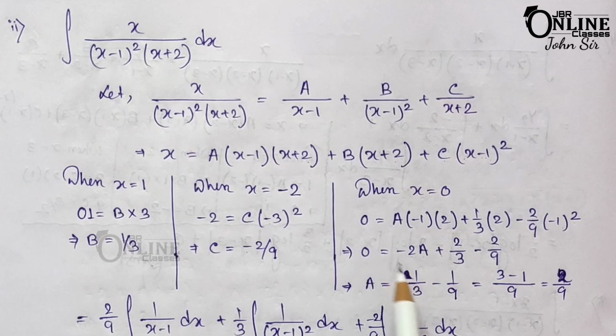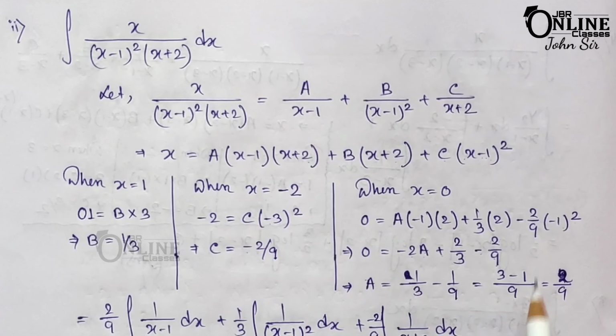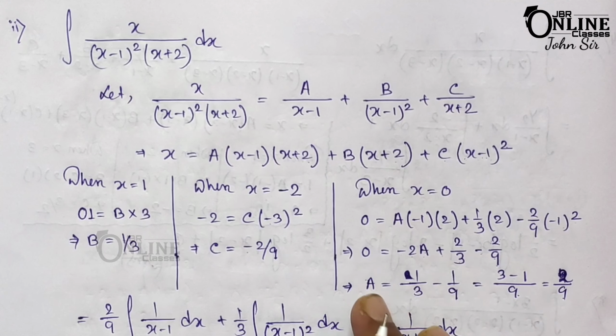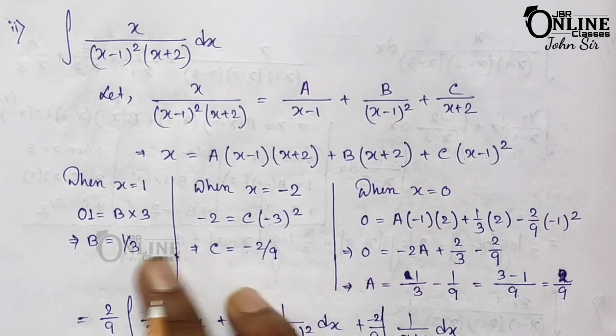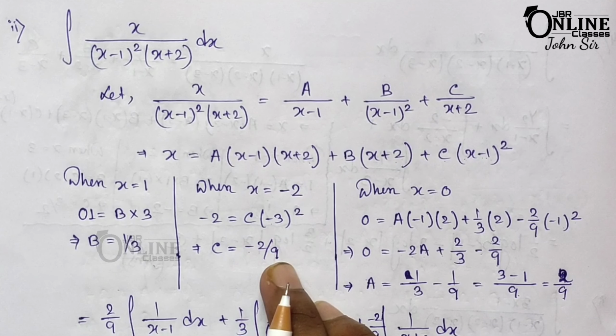Okay, so here as here 2, 2, 2, if you take 2 common, it will be 0 again. So now you have a equal to 1 by 3 minus 1 by 9. Okay, as 9 is the LCM, so it will be 3 minus 1 and it becomes 2 by 9. So now you have a equal to 2 by 9, b equal to 1 by 3 and c equal to minus 2 by 9.